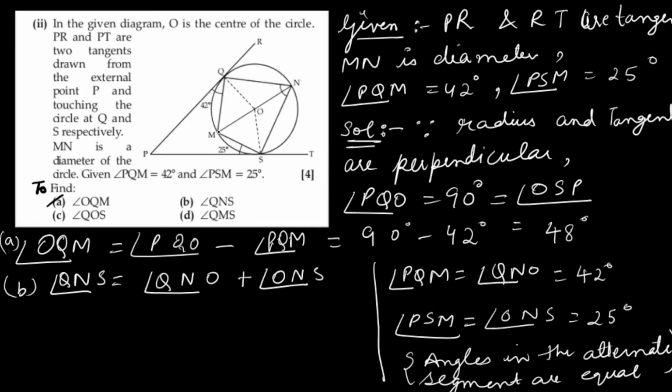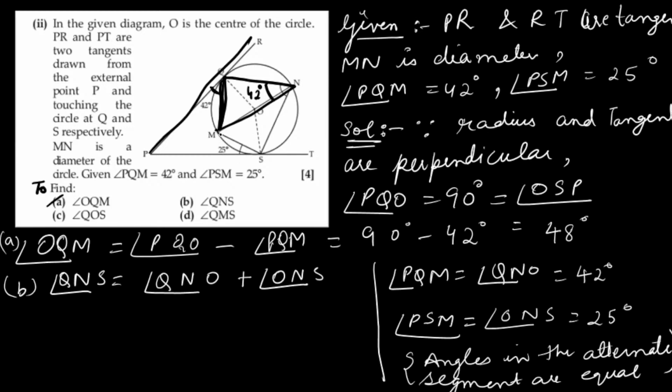So you can see here, OQ, no, this is MQ. MQ is chord and PQ is tangent. So this angle is between chord and tangent. If you just extend the end points of the chord, you can see here they are meeting on the circle at angle N. So that means this angle is 42 degree.